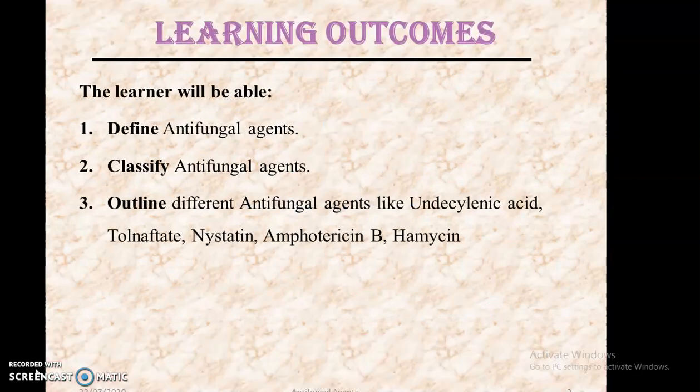The learning outcomes of this presentation are: after viewing this presentation, the learner will be able to define antifungal agents, classify antifungal agents, and outline different antifungal agents like undecylenic acid, Tolnaftate, Nystatin, Amphotericin B, and Hamycin.